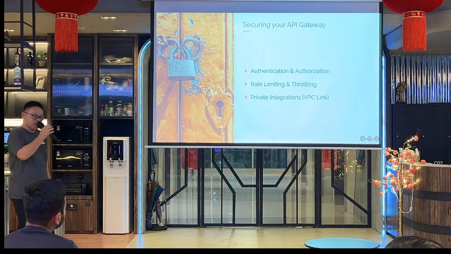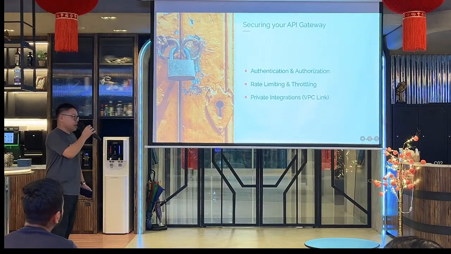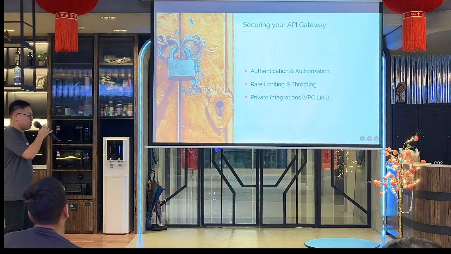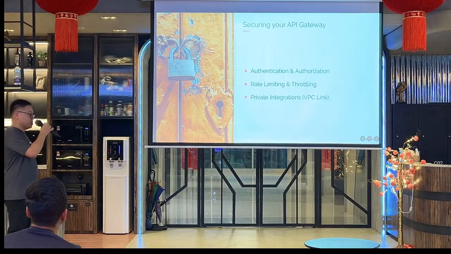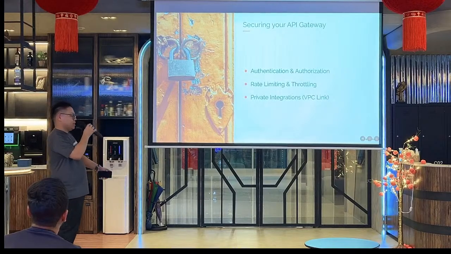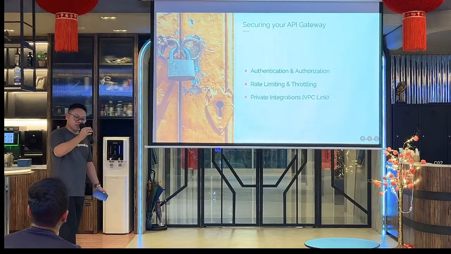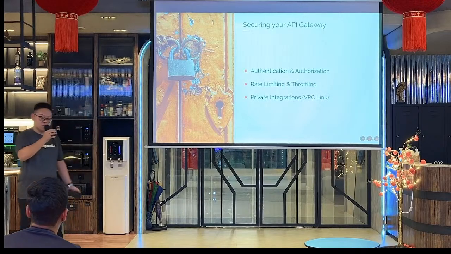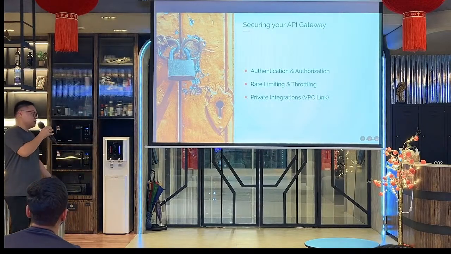Why we say that is because rate limiting can help prevent abuse like DDoS attacks. And finally, in private integrations you can also deploy a VPC link, which links the API gateway to any of your internal resources, like for example your own RDS DB. Those are not generally exposed to the public internet.